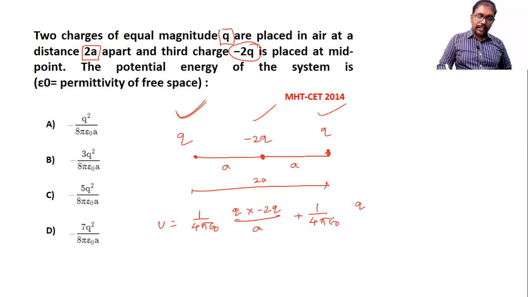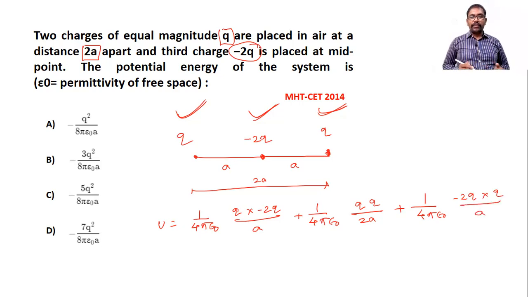The first charge is q, the third charge is q, divided by the distance between these two, 2a, plus now the second charge and third charge multiplication, 1 upon 4 pi epsilon 0 into minus 2q into q divided by distance a. Now after solving this, whatever we get is the answer for this question.